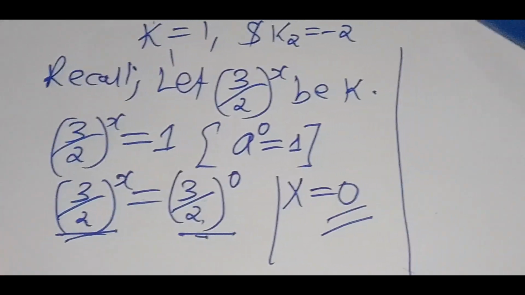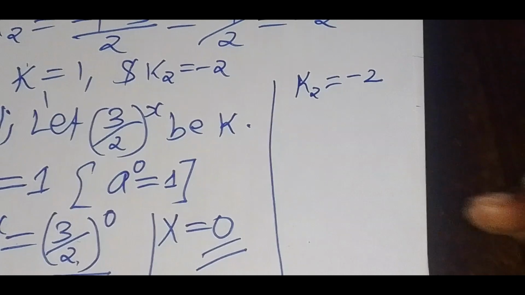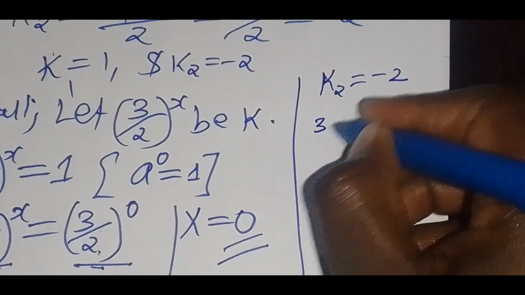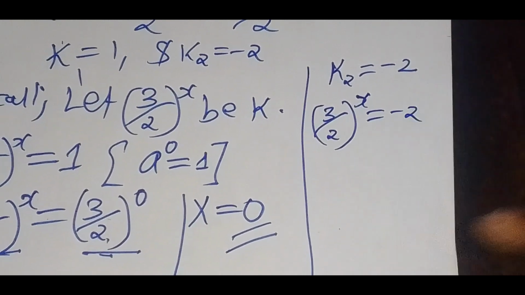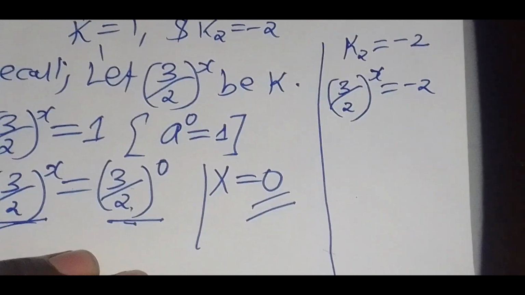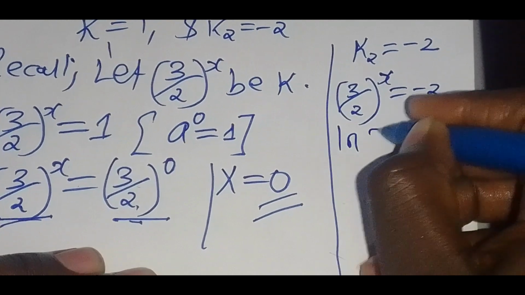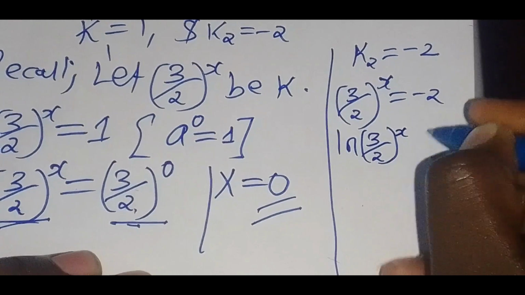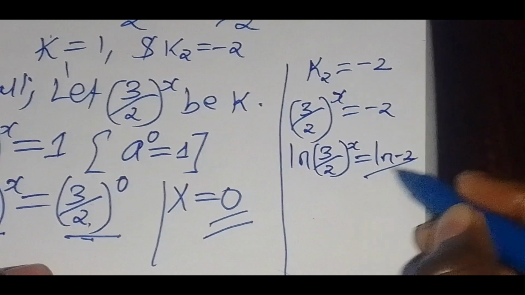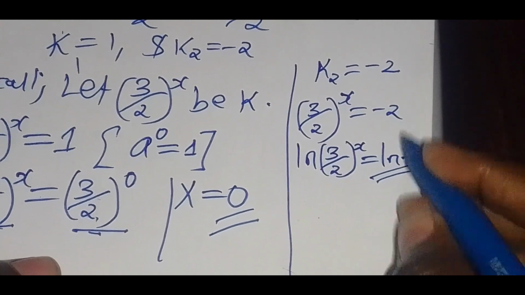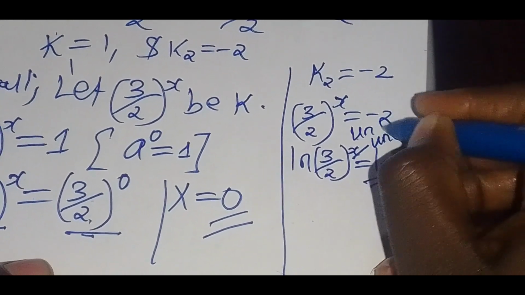So if you want to check with the second k, which is minus 2. Remember, if we say 3 over 2 raised to power x is equal to minus 2. Okay, so if we introduce the natural log of 3 over 2 raised to power x, this will give us natural log of minus 2, and natural log of negative 2 is undefined.